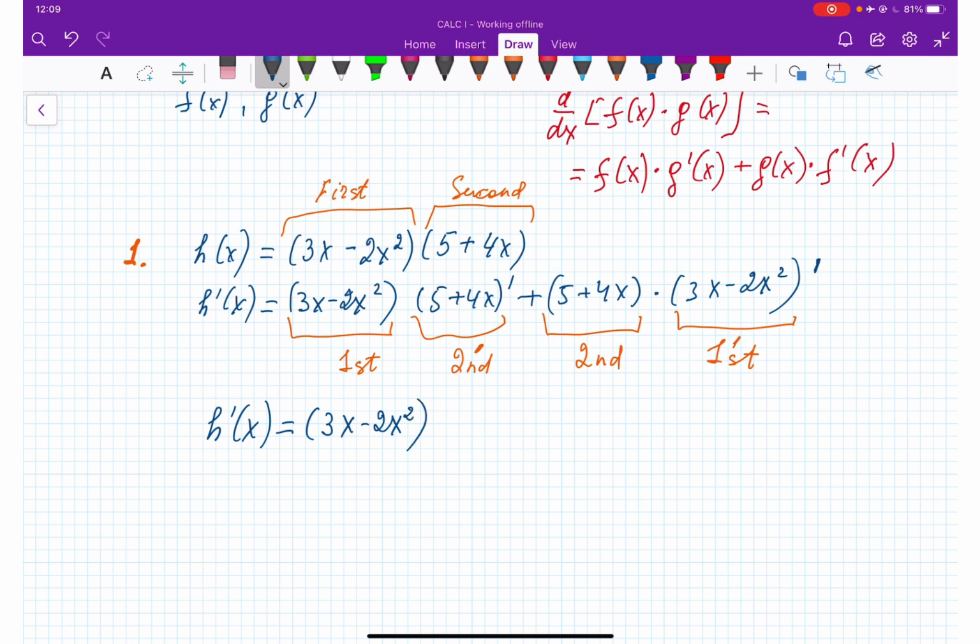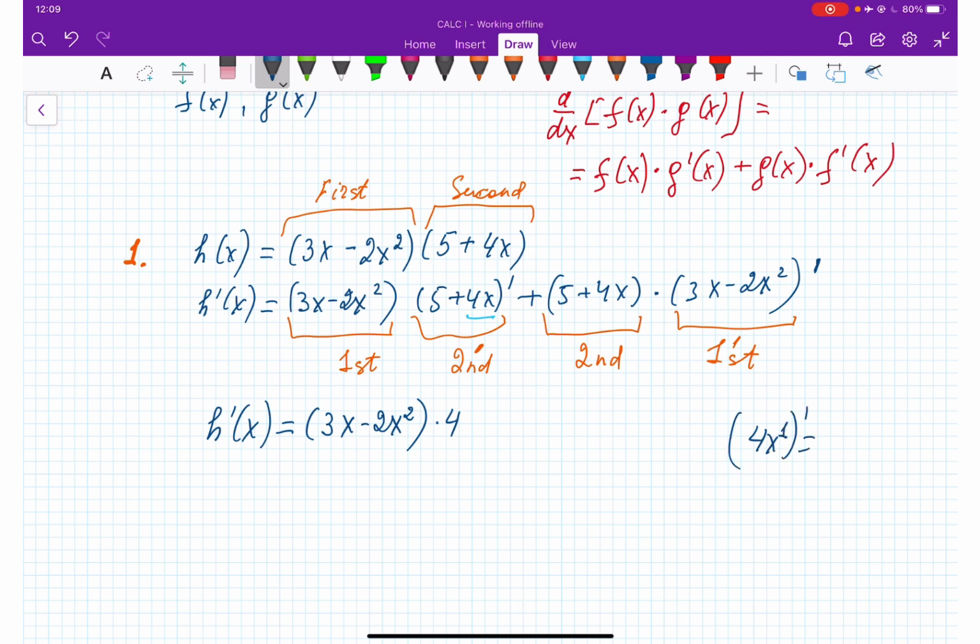but the second one we are taking the derivative of. The derivative of 5, it's a constant, right? It's a constant, so it's going to be 0. And the derivative of 4x is going to be 4. Remember, let me remind you, 4x, this is x to the power 1, right?